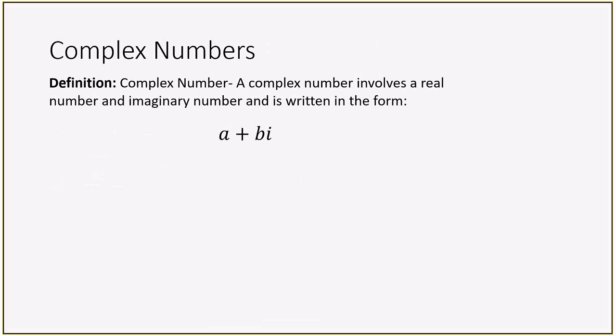Now, complex numbers kind of encapsulate both real numbers and imaginary numbers. Sometimes you could have a situation where you have 3 plus some sort of imaginary number, and that gives us a complex number. So by definition, a complex number is a real number a plus a real number times an imaginary number, so b times i.